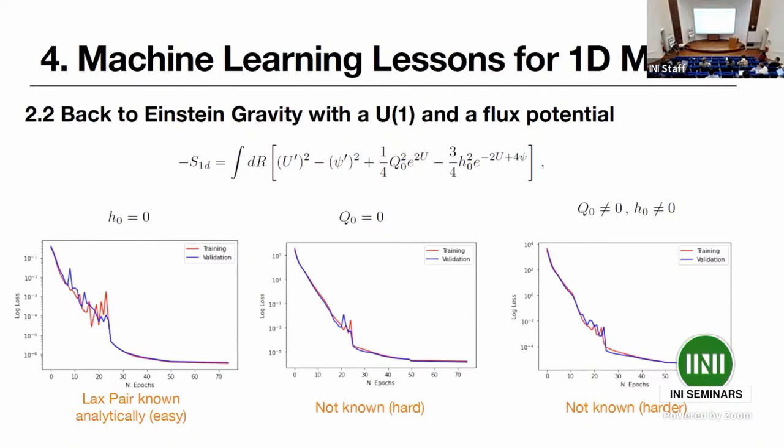Any other comments, questions? So what else do you expect to get from the ML? Here you hope to get the pairs, but what would be the aim? Well, that's a good question.